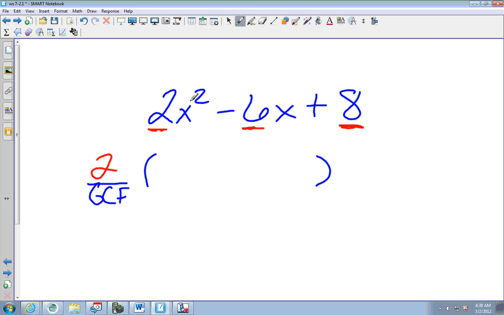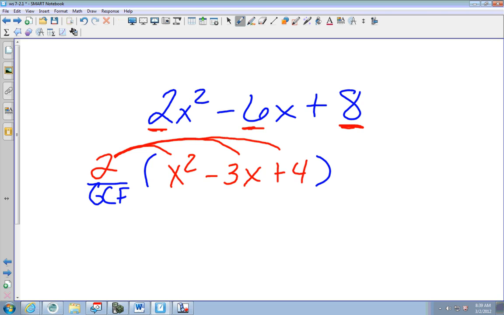Now, is there an x in all of them? No, there's not. It's a trick question. There's no x right there, so I don't do anything with it. So now, 2 times what gives me 2x squared? X squared. 2 times what gives me negative 6x? Negative 3x. 2 times what gives me 8? Plus 4. You just factored.